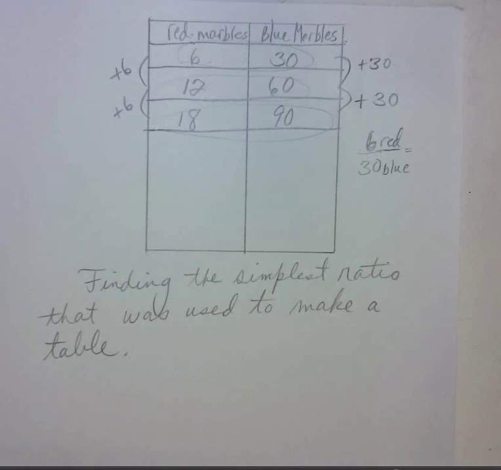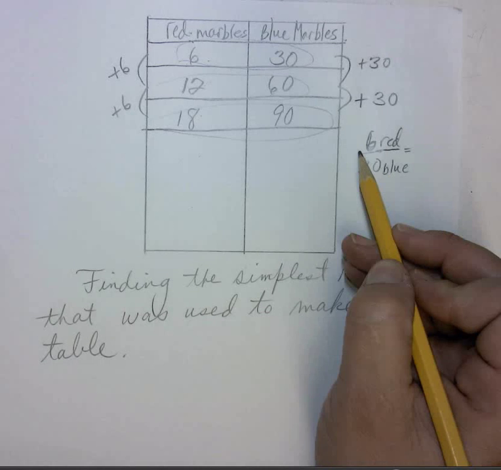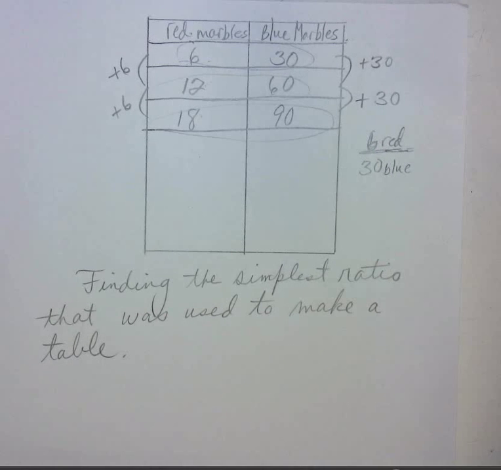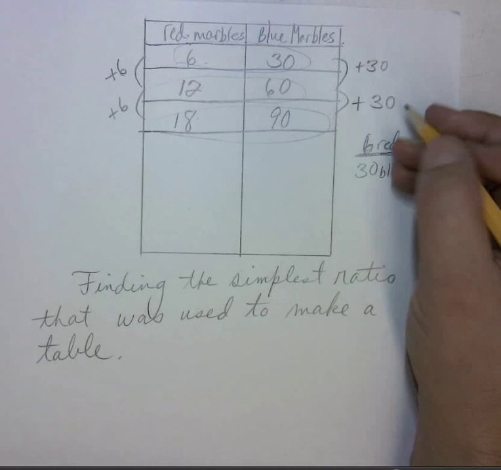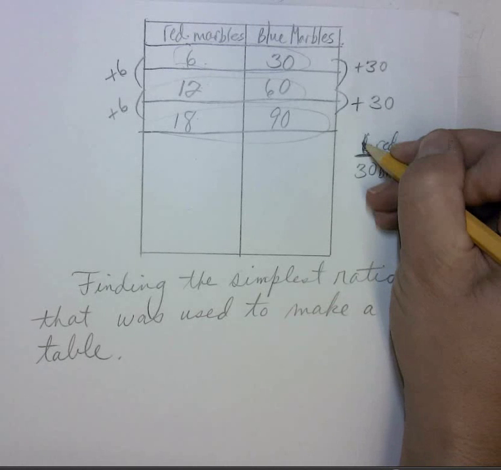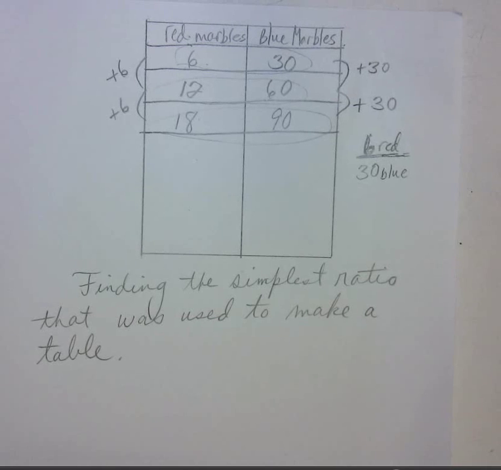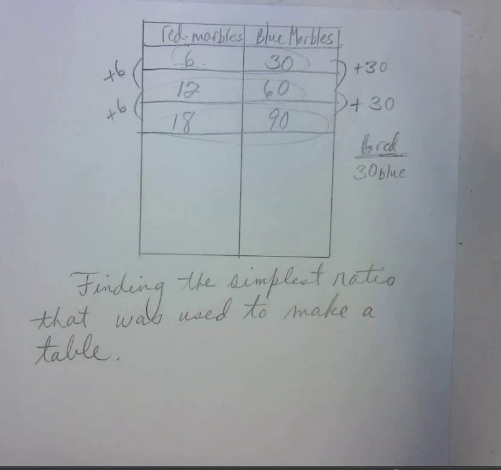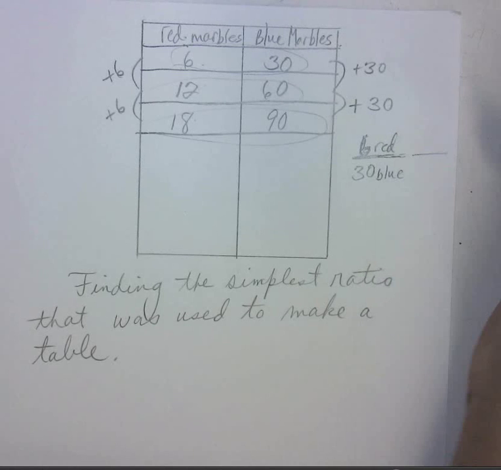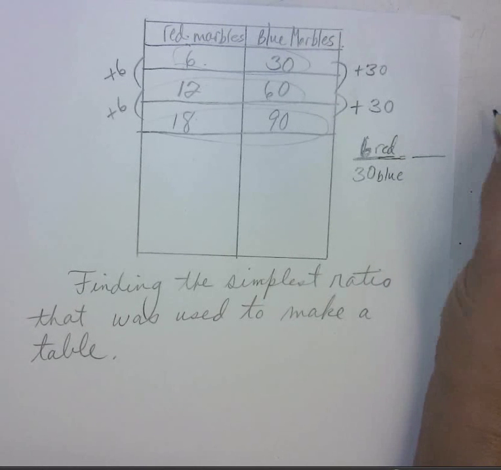So I have to figure out what is the greatest common factor, or the highest number that will fit into 6 and 30. All right? And that is 6. So if I take 6 and divide it by 6, I get 1. That's good, because I want a 1 somewhere.